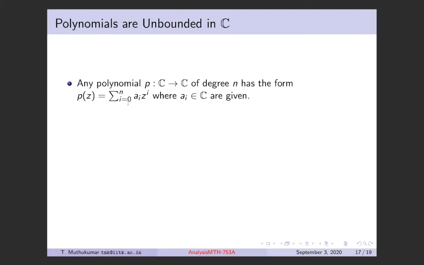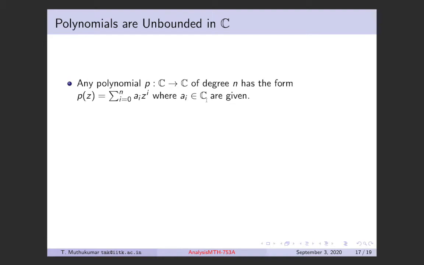These a_i are all given, and now they are all complex numbers. So we have just expanded into the complex domain now, right? In the previous lecture, we had given the definition of polynomial in the real variable set, and the same definition works for the complex variable set. So this is a polynomial of degree n.